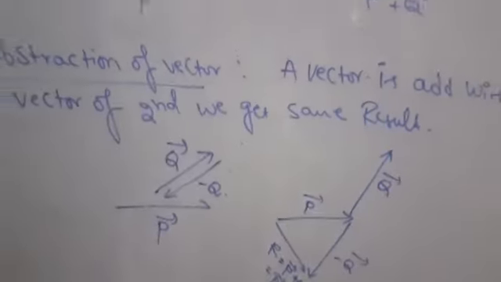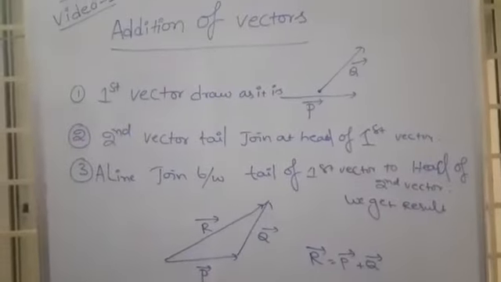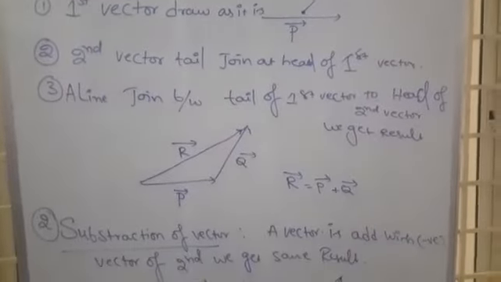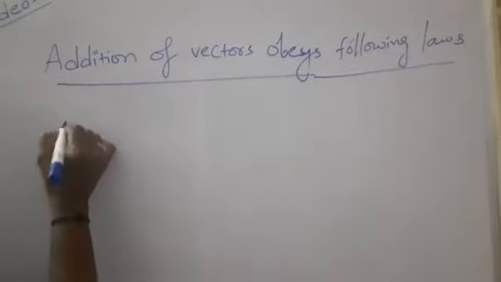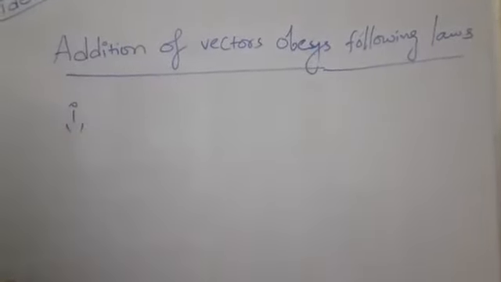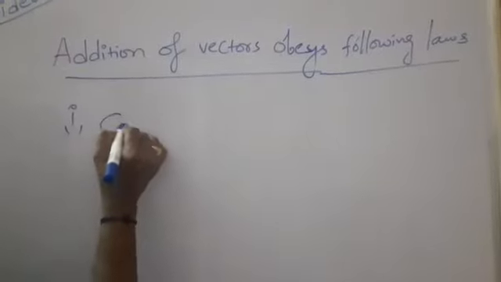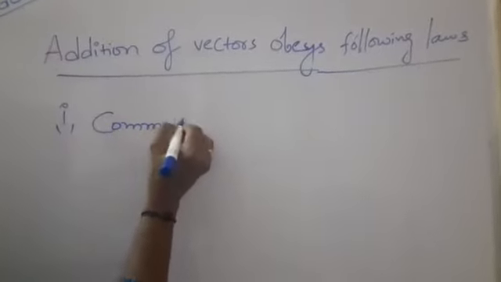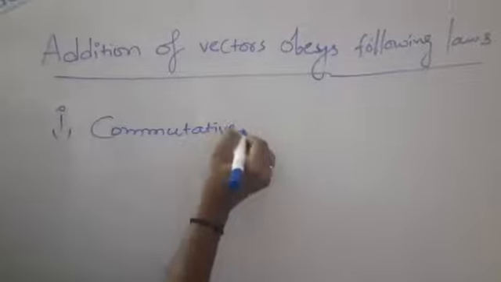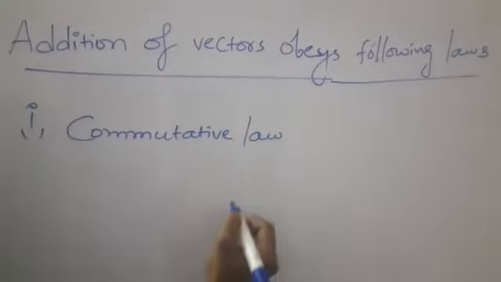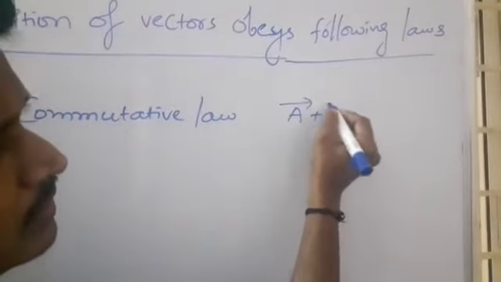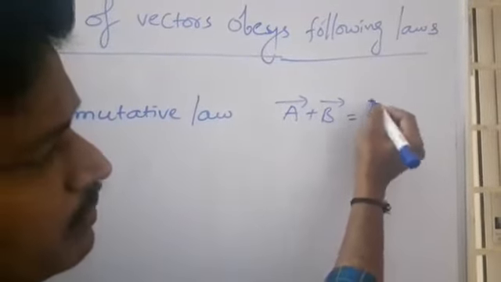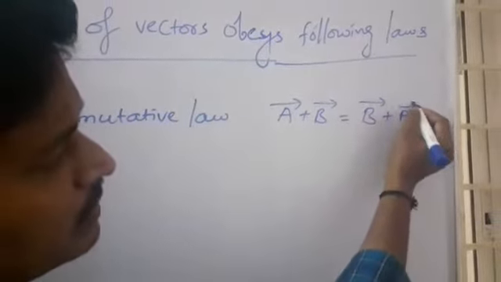Next, vectors obey the following laws. The first one is the commutative law, that is a bar plus b bar is equal to b bar plus a bar.